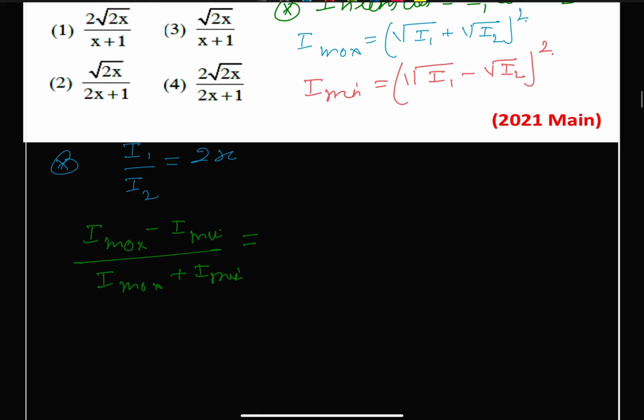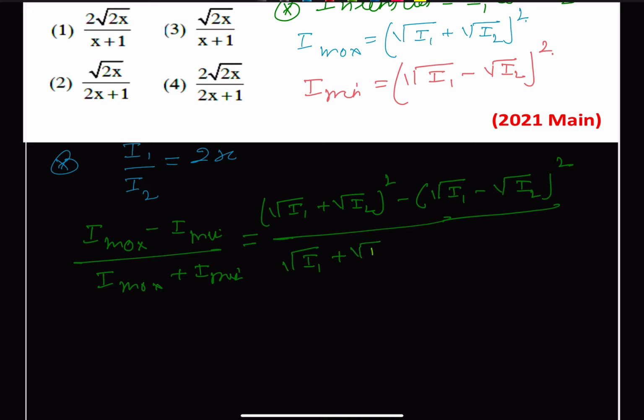I max minus I min will be equal to (square root of I1 plus square root of I2) whole squared minus (square root of I1 minus square root of I2) whole squared, and in the denominator we get (square root of I1 plus square root of I2) whole squared plus (square root of I1 minus square root of I2) whole squared.